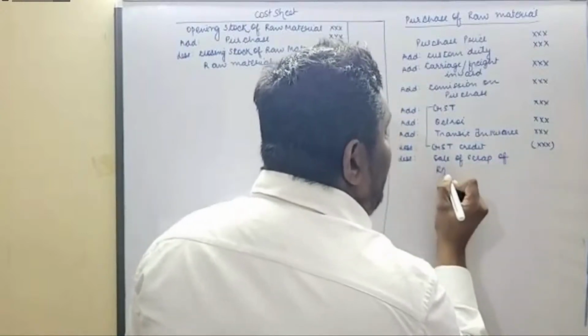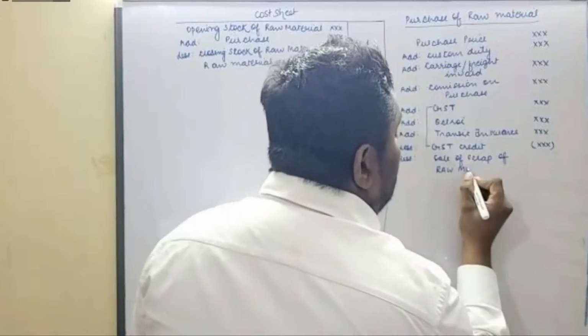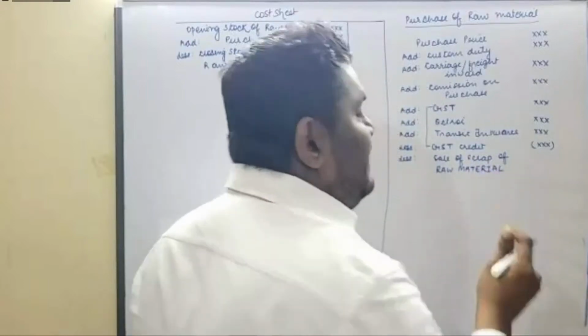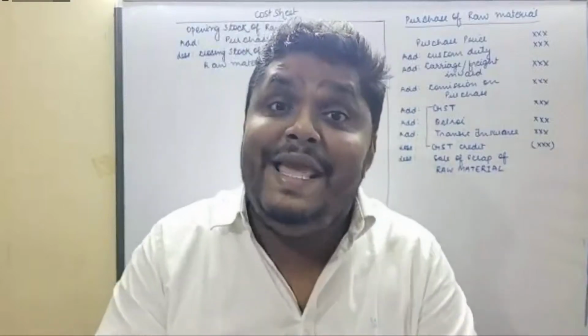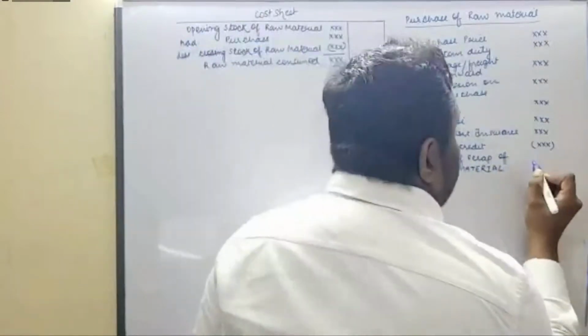Sale of scrap of raw material. I'm writing this part in bold. Sale on scrap of raw material only will be deducted.